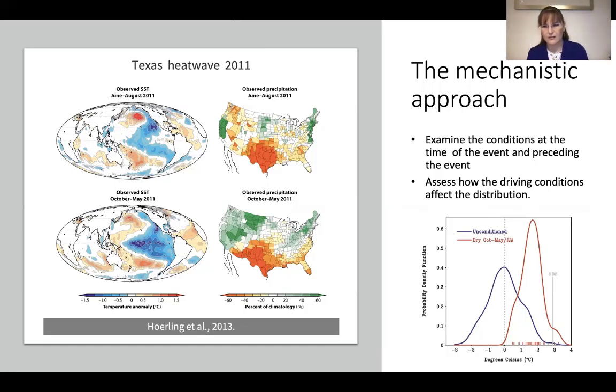And you can see how that's caused a shift in the distribution, so is perhaps increasing the likelihood, or has got a role to play in how we're actually seeing this extreme event.